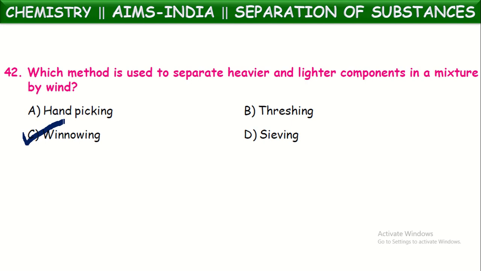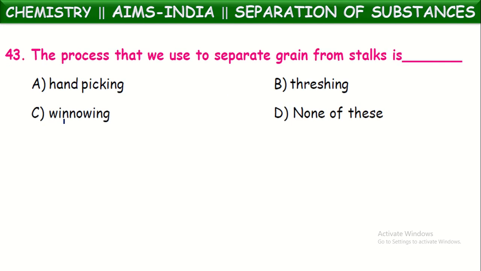Yes. Next one. The process that we use to separate grain from stalks. Yes, after harvesting, these stalks are beaten against a hard solid like a rock or some bench. Then these grains will be separated from the stalk. That process we call threshing.